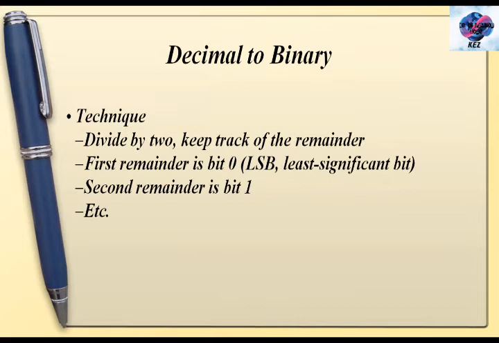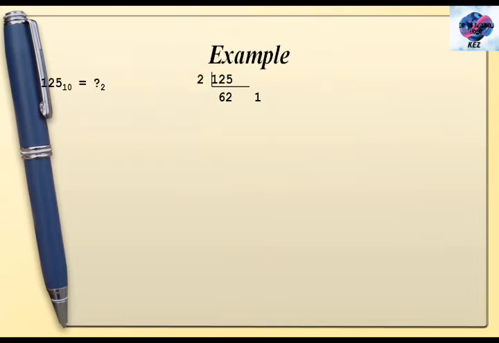The first remainder's bit will be the least significant bit. Next, the second one will be the second bit, the third one the third bit. According to that order we go with the bottom-up approach. Let's check it, then it will be easier to get.